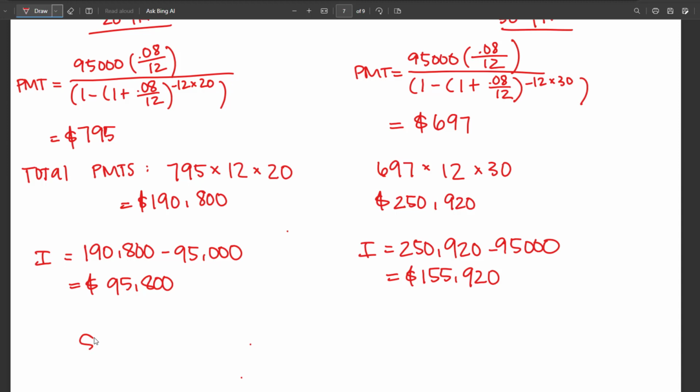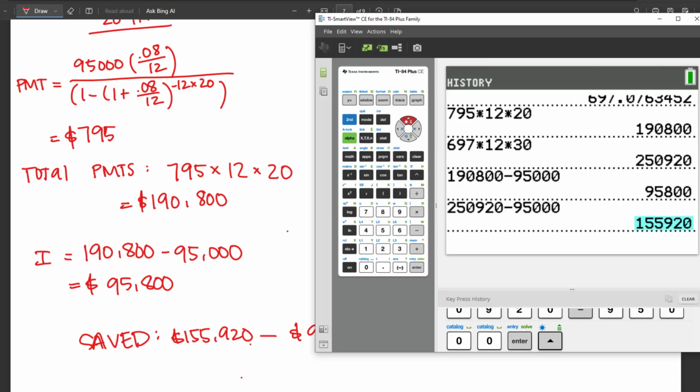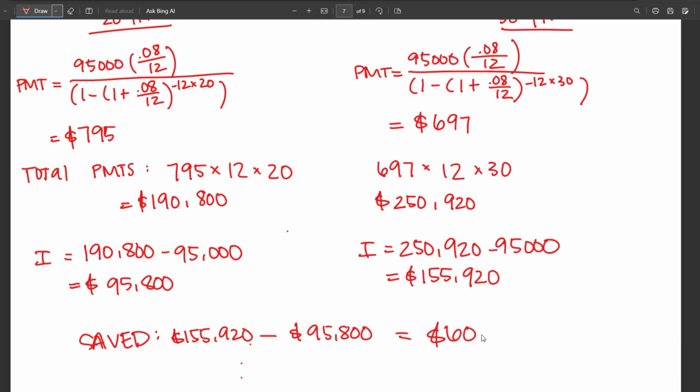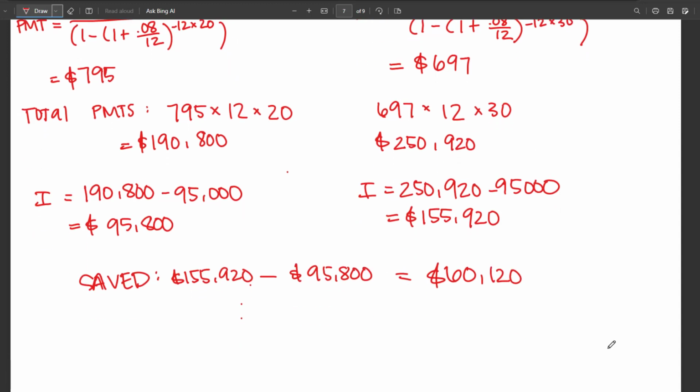So how much did we save? We're going to take those amounts, $155,920, subtract $95,800, and we end up saving $60,000 going with the 20-year option.